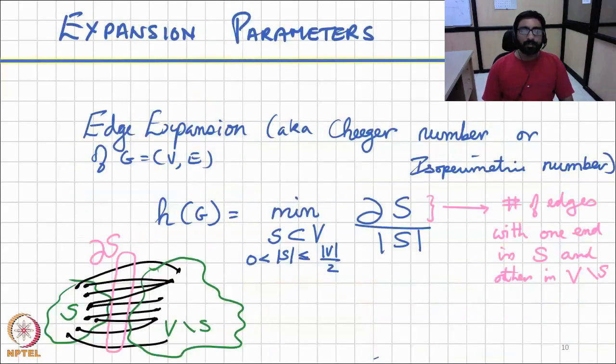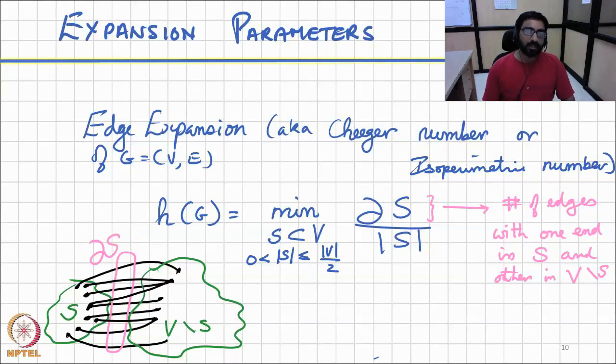So with that motivation, we're ready to formally define expander graphs. And as it turns out, this notion of expander graphs is captured by not just one parameter, but actually several different parameters.